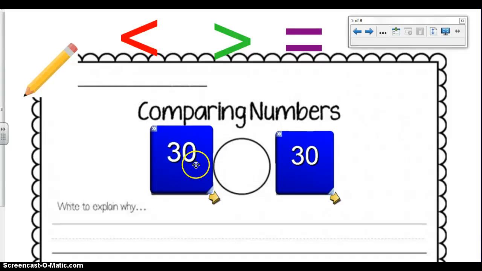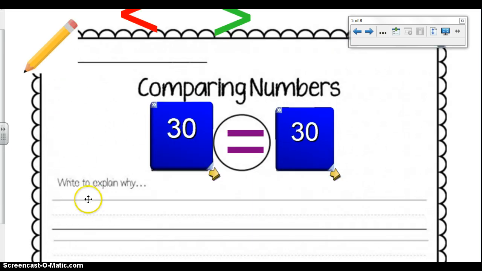Okay, so I know these two numbers are the same, so I'm going to put an equal sign in the middle. Now, in case you didn't have time to explain how you would say this equation, I'm going to give you about 20 more seconds to write what you would say when you see that equation.